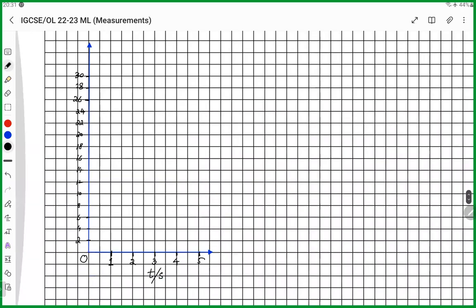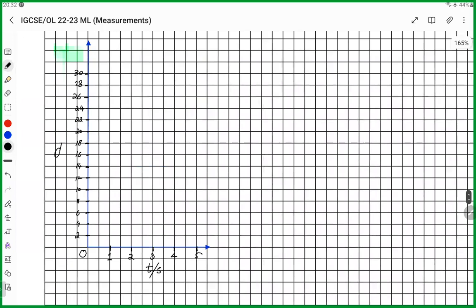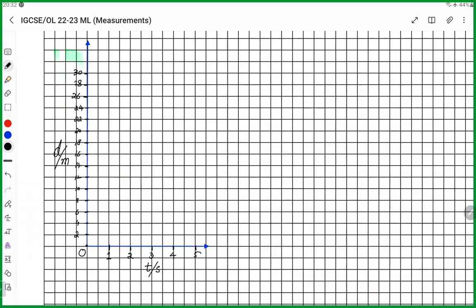So approximately you take like 15 lines to make your y-axis. So this is distance in meters. Now what you have to do is make 3 of these graphs.